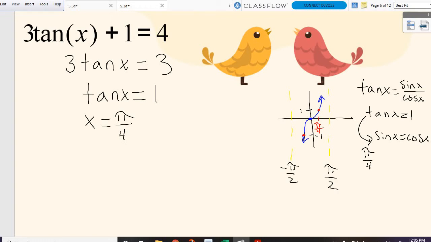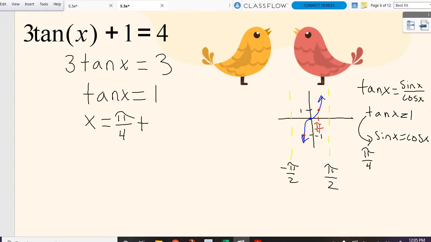So either way, if you want to think about it using your graph, that's fine. You can also think about it using sines and cosines and our unit circle again, and knowing that sine and cosine have to be equal, which happens at pi over 4. Now, what do we need to add to our answer? Be careful. What's the special thing about tangent and cotangent?